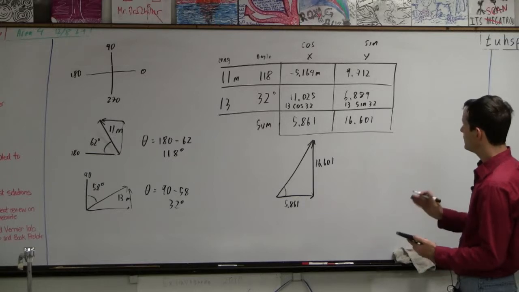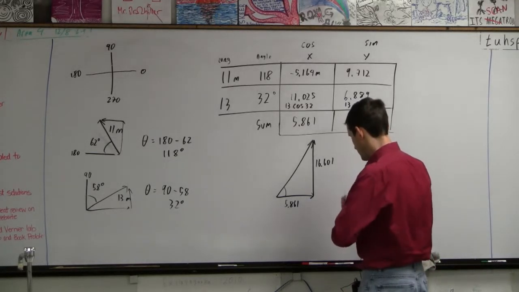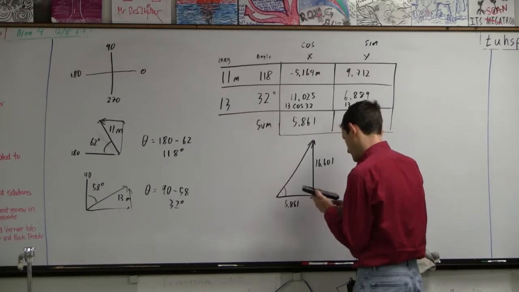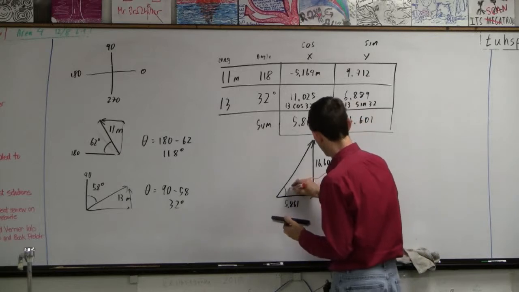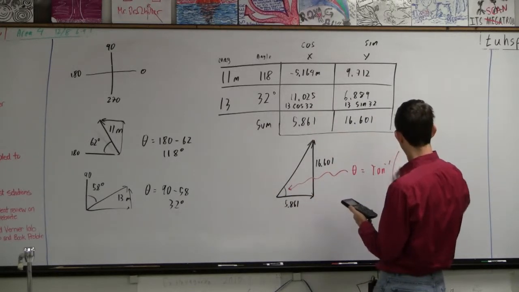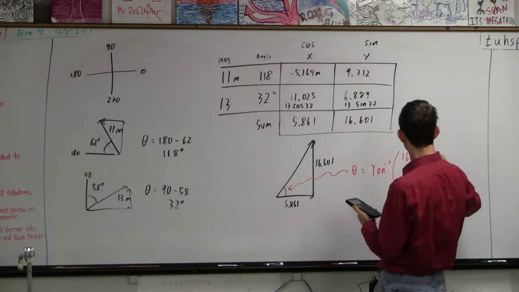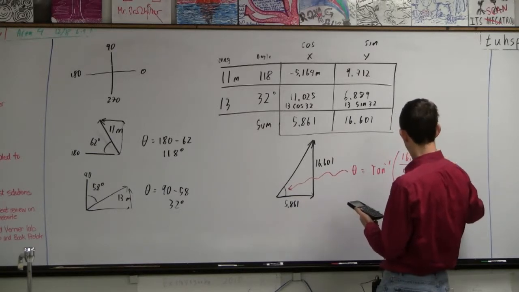Okay? And now we need to find this angle. So this angle here is going to be the inverse tan of 16.601 divided by 5.861.